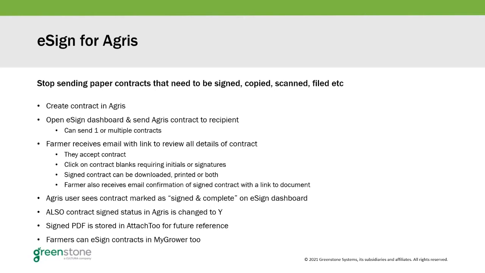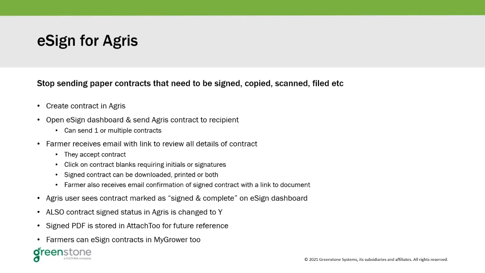the contract will then be sent back to the ESign dashboard, and the farmer will receive an email confirmation with the signed contract, a link to the signed contract attached to it. And now that can be downloaded, printed, or both. Now, one of the great things about this system is not only does it take care of all of that, but it also goes in your AGRIS and marks the contract signed and complete and changes the contract signed status to yes in AGRIS.